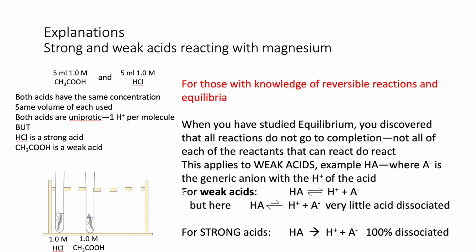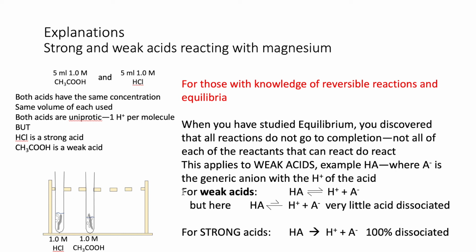It's reversible. But A here is the anion. Here it would be the ethanoate CH3COO- anion. And ethanoic acid is only a little dissociated into hydrogen ions and the ethanoate ions, but enough hydrogen ions for even what we're calling the weak acid, same concentration, but less dissociation into hydrogen ions.